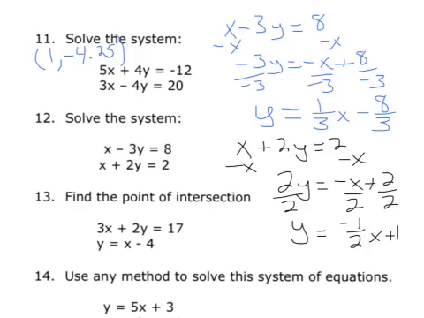Okay, we would follow the same steps as we did on the problem before. First we'd push y equals on the calculator. We would type this equation in for y1, and this equation in for y2.